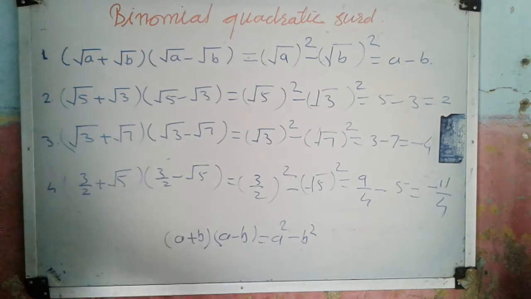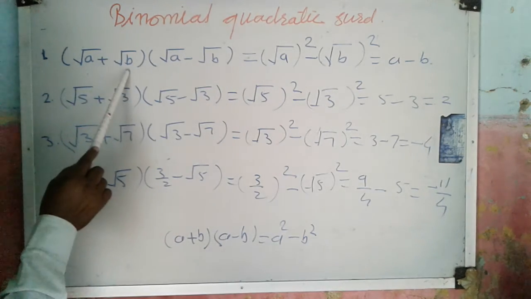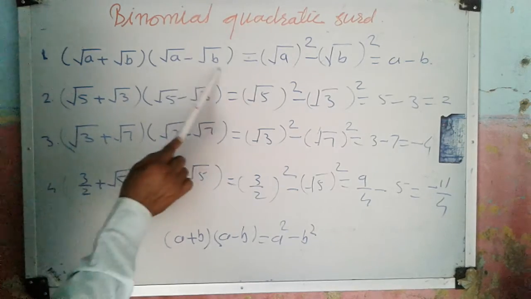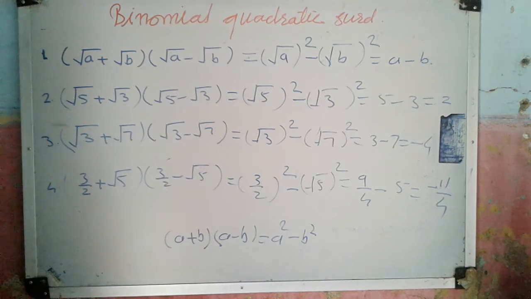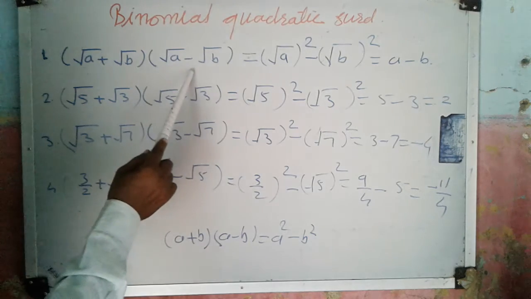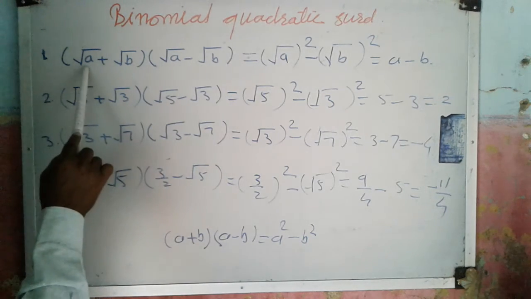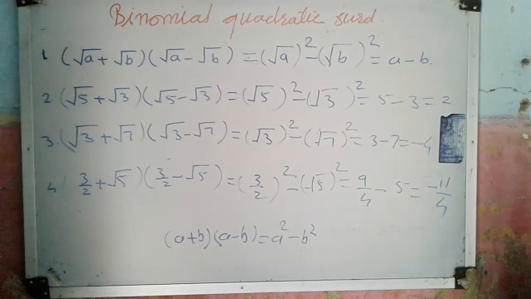That means root a plus root b is the conjugate pair of root a minus root b. Also root a minus root b is the conjugate pair of root a plus root b.